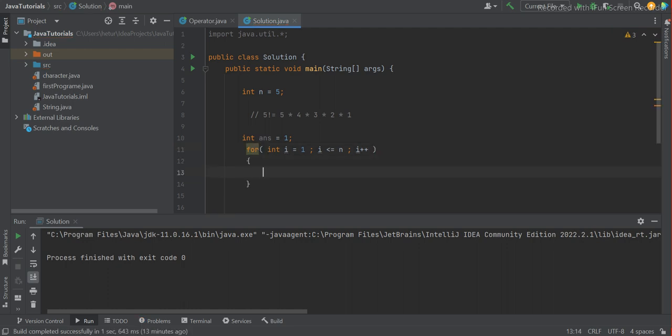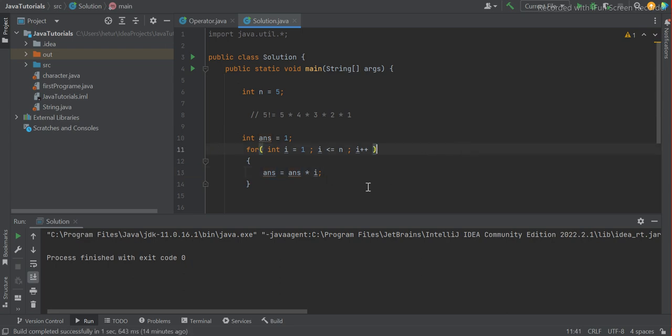Now what I have to do is say how my answer is going to be increased. So answer will be answer into i, correct? Because the first time, answer equals 1, and then multiplying by 1. Then next time, answer equals 1 into 2, and the next time 3, something like this it will work, right?